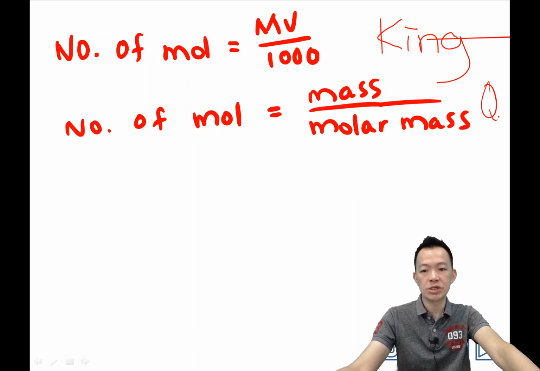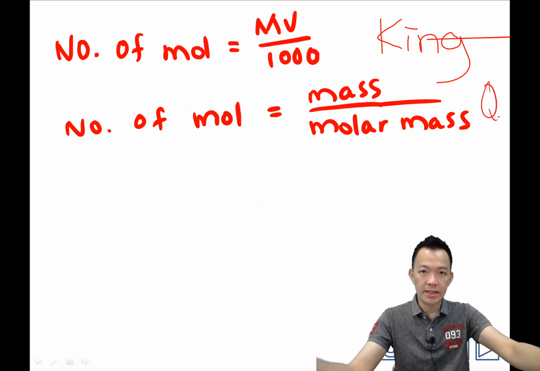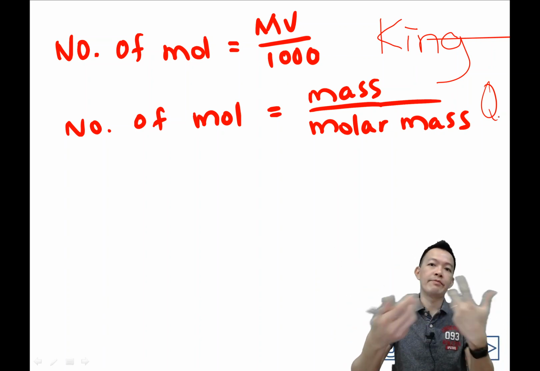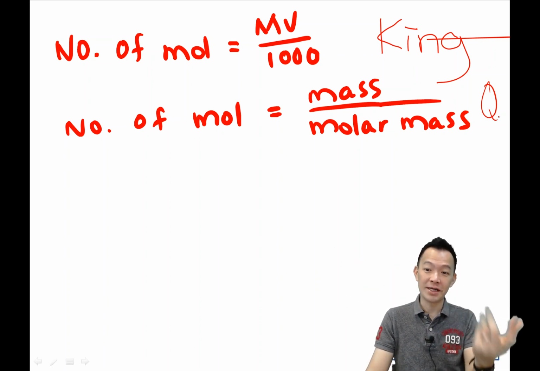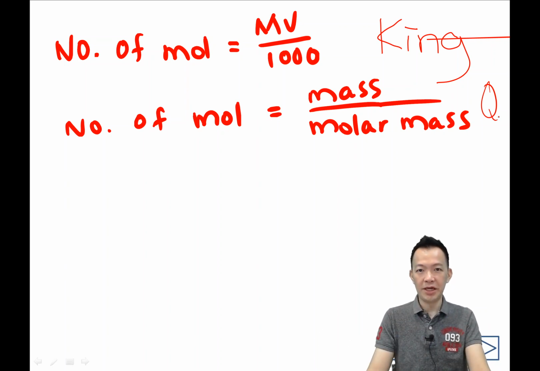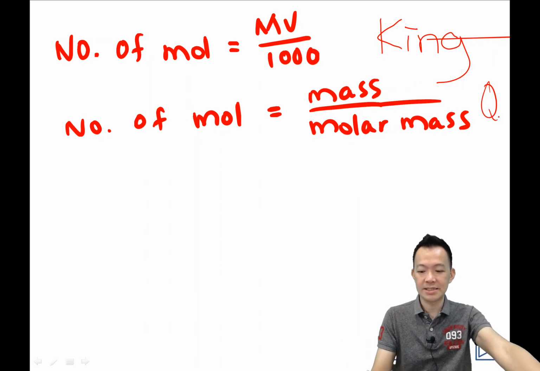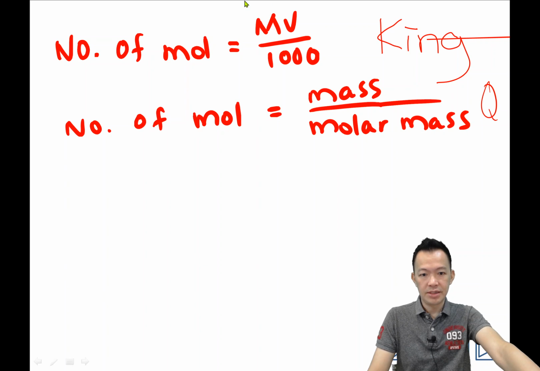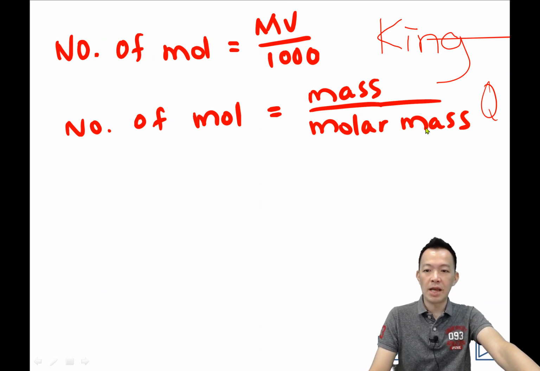Now I want to combine these two formulas together and become a very important formula. But how to join them together? Simple. Number of mole equals MV per thousand. Number of mole equals mass per molar mass.